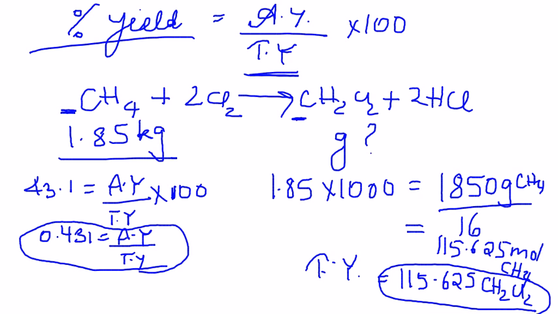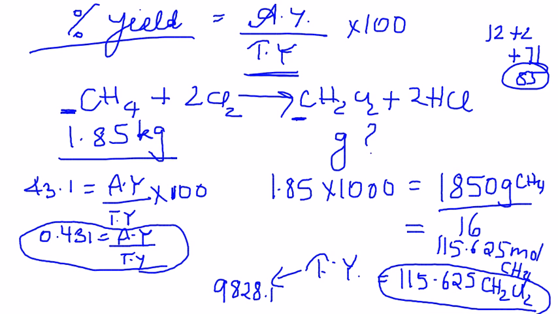For dichloromethane, you can use 12 for carbon, 1 for hydrogen, and 35.5 for chlorine, and so that will give you 85. So now if you multiply 115.625 by 85, you're going to get 9828.125, that many grams of CH2Cl2.